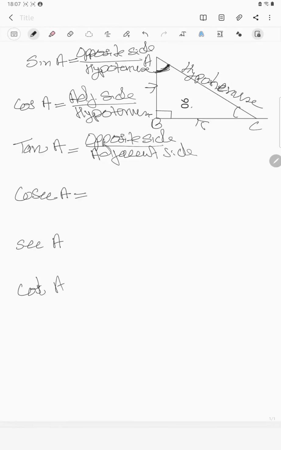Now when we talk about cosecant A, it will be the reciprocal of sine. So the reciprocal of sine is hypotenuse upon opposite side.